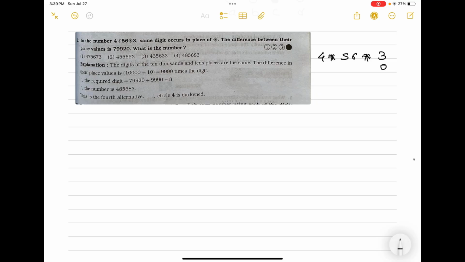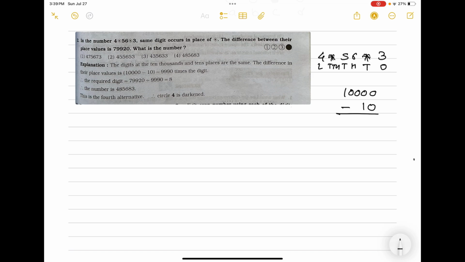This is 1's place, this is 10's place, this is 100, this is 1000, 10,000 and lakh. So one star comes at the 10's position, write 10, and the second star is at 10,000, write 10,000.